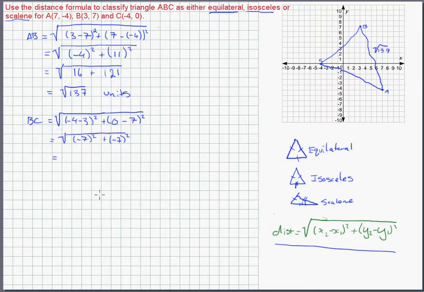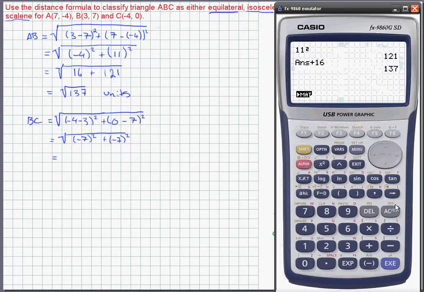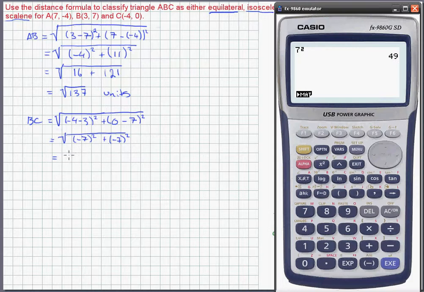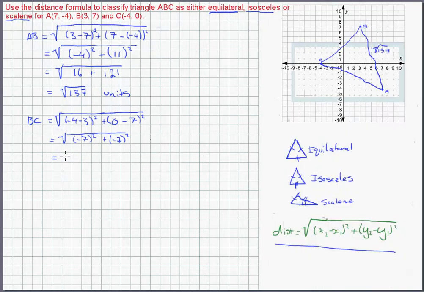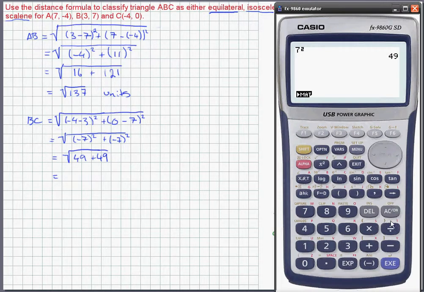Now, if you're not sure, again, just check it with your calculator. 7 squared is 49, and because it's the square of a negative number, it becomes positive, so it would become the square root of 49 plus 49, which is, let's add 49 to that again, 98.